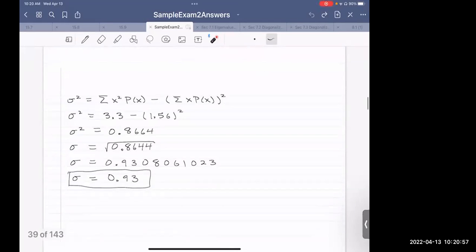And so I get 0.8664. To find the standard deviation, I'll take the square root of the variance. The square root of 0.8664. Therefore, the standard deviation is 0.9308061023. I want to round to the nearest hundredth, and so 0.93.